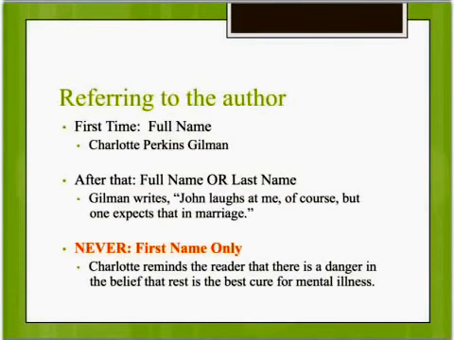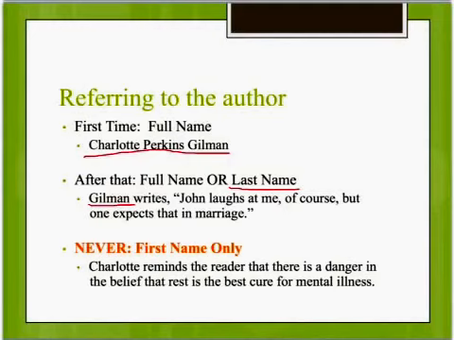Another thing with your essay that we noticed with some of the essays last semester, when you're referring to the author, the first time you refer to her, especially in this essay, you're going to be using her full name, Charlotte Perkins Gilman. After that, you get a choice. You can use her full name or her last name. The standard is to use just the last name, so it's Gilman writes.